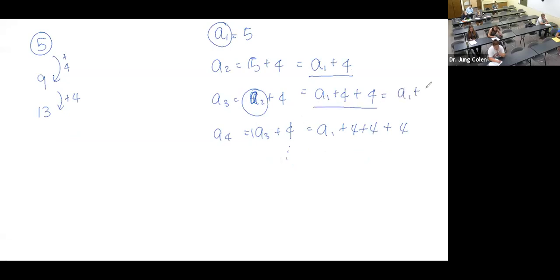A sub 1 plus 2 times 4. Can I? Yes, I can, because I have 4 plus 4, repeated addition, we can do the multiplication, so 2 times 4. And the fourth term is the same as a sub 1 plus, how many 4s are there? 3, right? So 3 times 4.